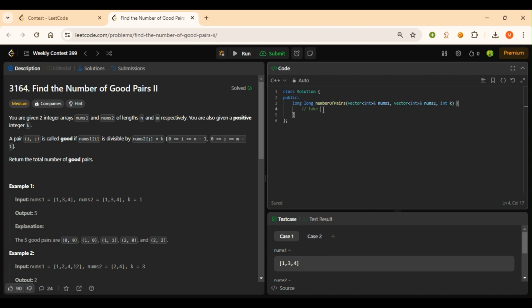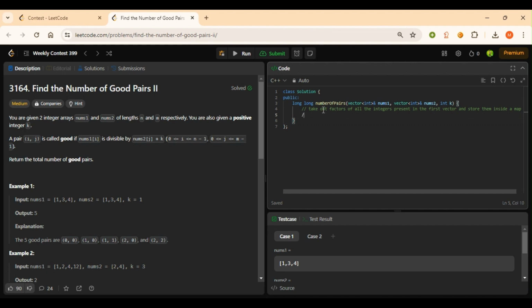So take out the factors of all the integers present in the first array, the first vector, and store them inside a map. You can use any other data structure, but I have used a map. It is easier to use.